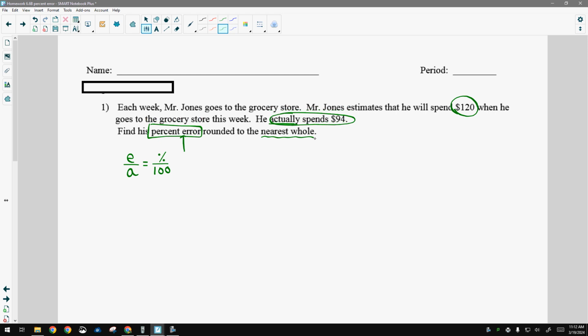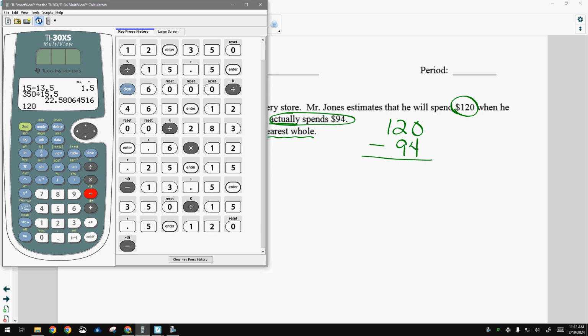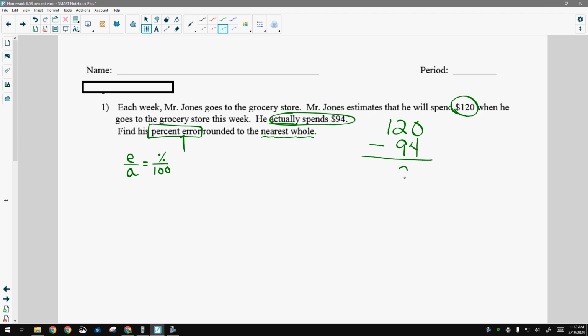In order to find the error, I take the 120 that he estimated and the 94 that he actually spends, and subtract them. You can use your calculator. I would always double check it, but we're going to get 26. That 26 goes in the place of the E.